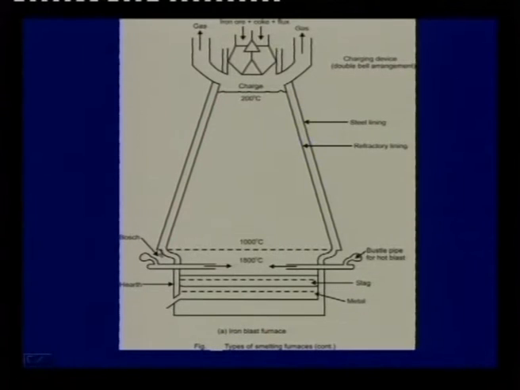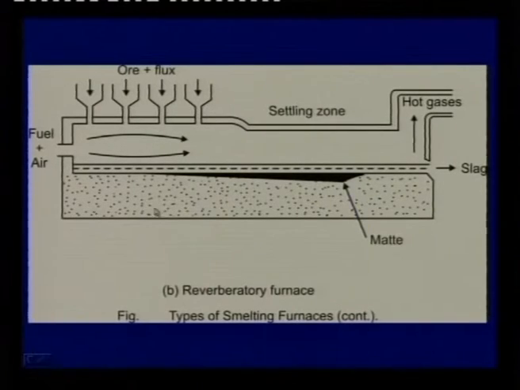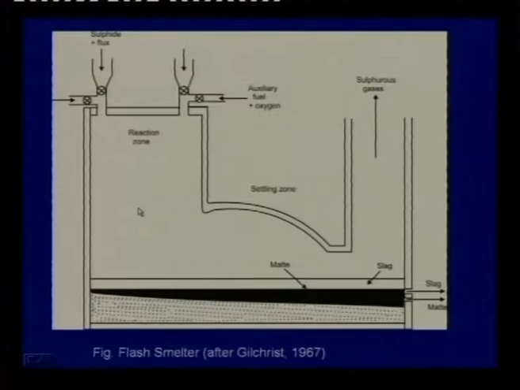Then you have talked about smelting, blast furnace smelting, as is applied for iron making. This can be applied for lead. We have talked about the reverberatory furnace, where reactions occur over a long time. We can produce matte, which is a mixture of sulfides, and slag.